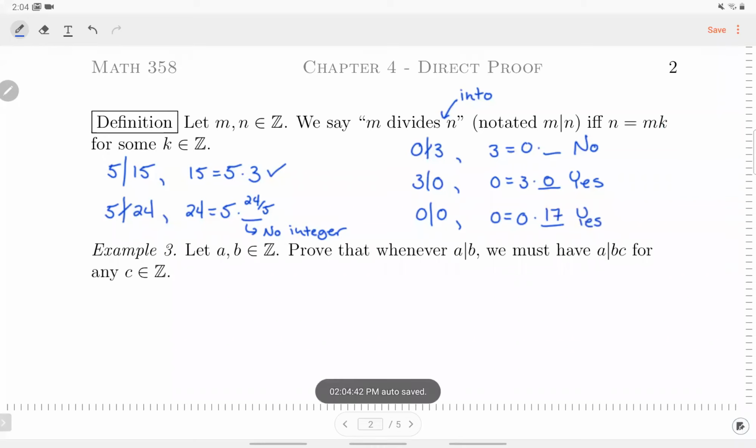So if you can find one that works, then the answer is yes, it divides. If there's more than one that works, which is 0 divides into 0, the only case that happens, technically that works. So that's a yes. Any questions on that notation and that concept before we do a proof with it?